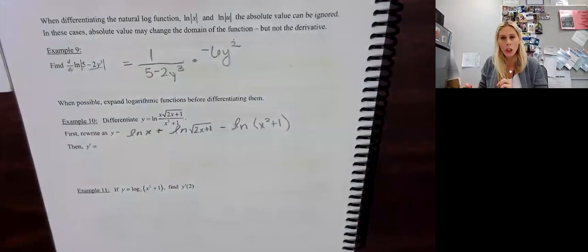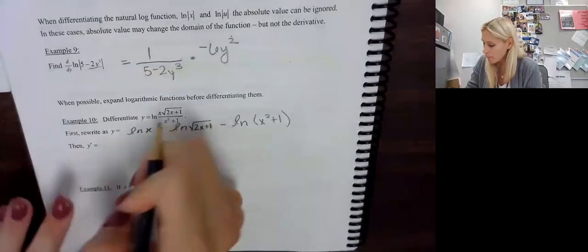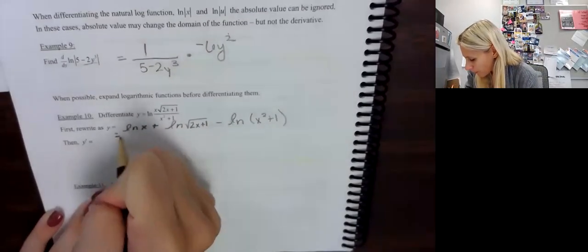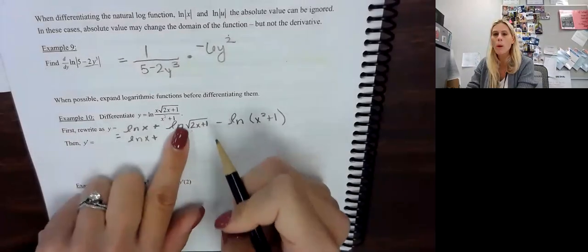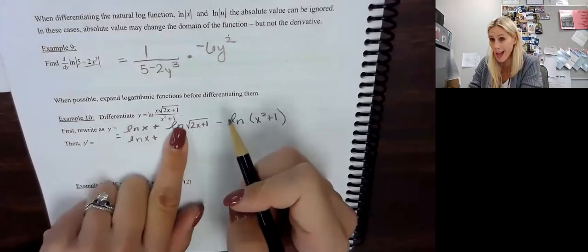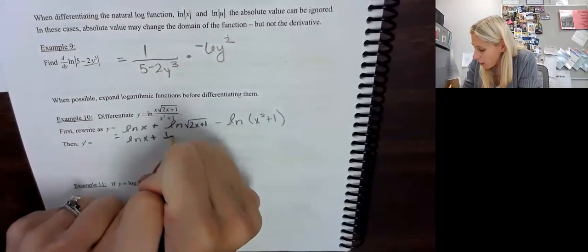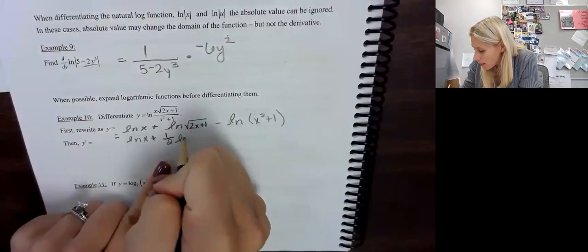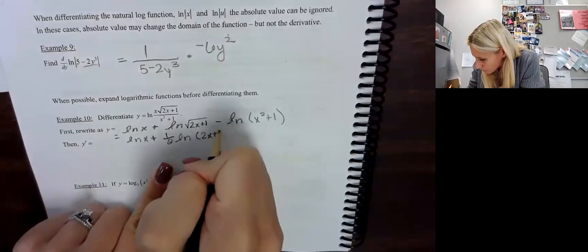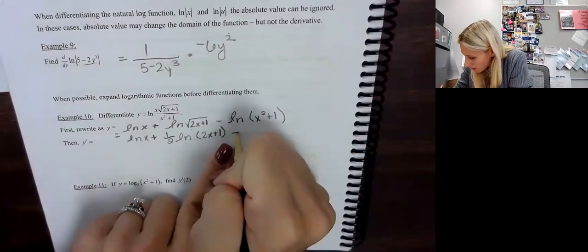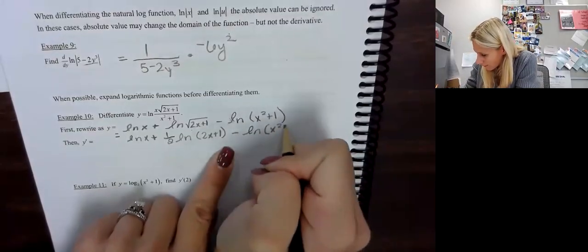I'm actually going to rewrite this even more. I'm going to rewrite this little piece right here, because here we have ln x, that's great, plus, now remember, square root is to the 1/2, and when we have an exponent there, we can bring it out front to be that coefficient. And that makes it a little bit nicer when we take this derivative here.